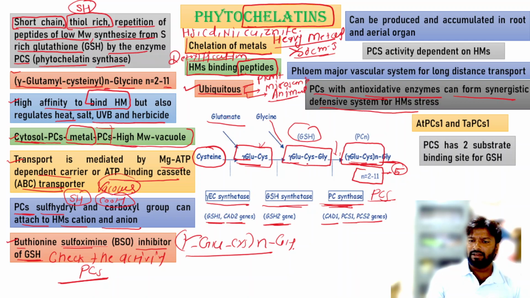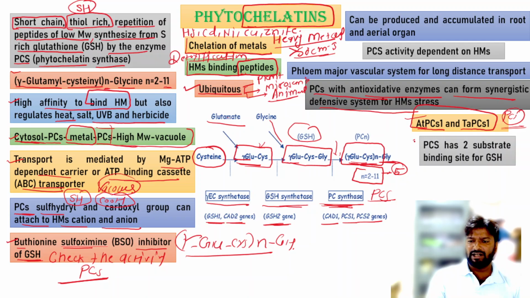Okay, and Arabidopsis phytochelatin synthase 1 and Triticum aestivum phytochelatin synthase are the first phytochelatin synthases discovered in plants.